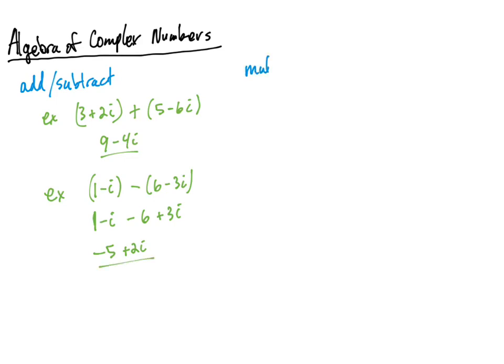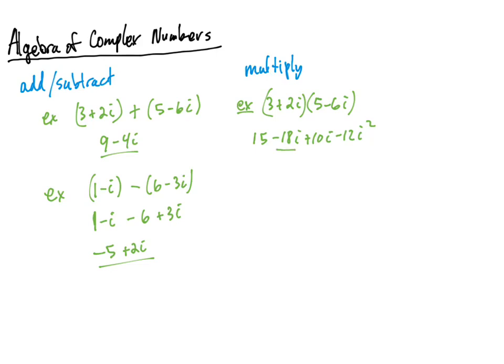If we're going to multiply complex numbers, I'll just multiply the same two from this example. How we do this is it's just like we're multiplying two binomials. So 3 times 5 is 15, 3 times negative 6i is negative 18i, 2i times 5 is 10i, and then minus 12i squared.